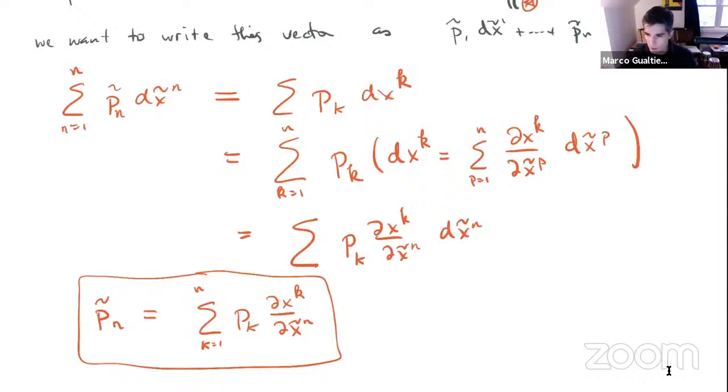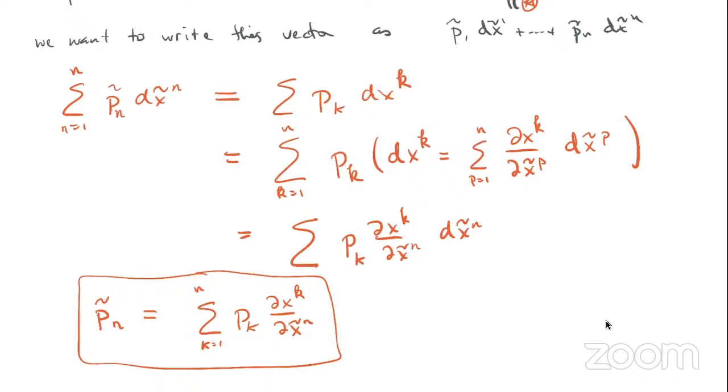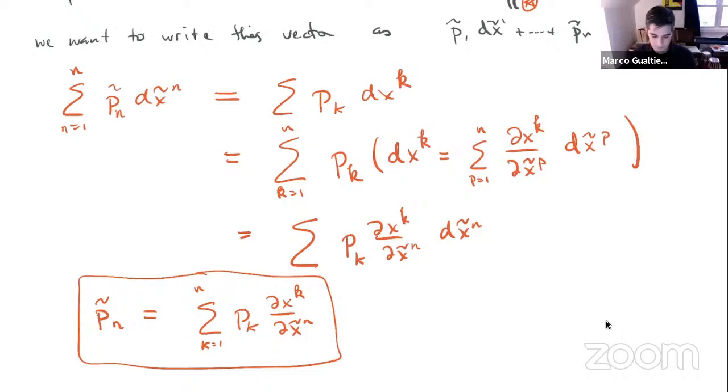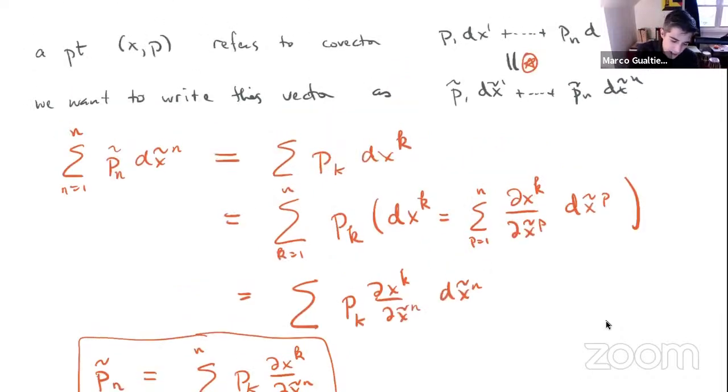I just want to make sure that in the first sum you have n equals 1 to n. Yeah. Oh, I'm sorry. Yeah, sorry. This is not a good idea.